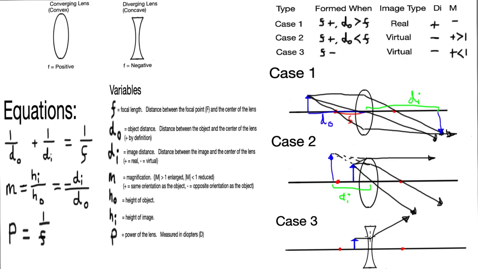With the next line, if we just go straight through it, we can draw our line going all the way through. And then with the last line, what we're going to have to do is do a line from the object to this last focal point. We come across, and what's going to happen is it's going to go parallel.